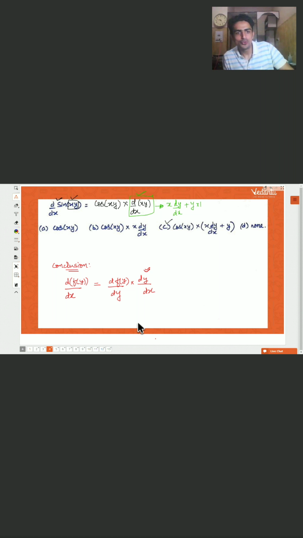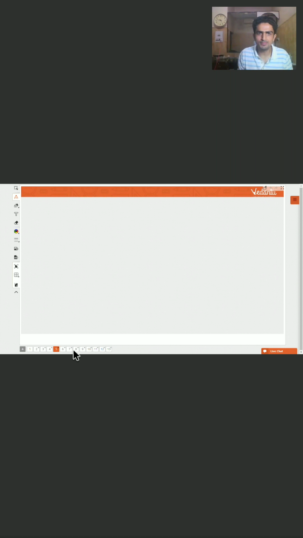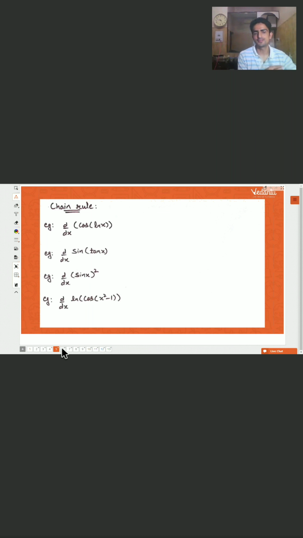Okay, so let us see another phase of chain rule, kind of similar, but another phase, like this. Those who have done chain rule might be very comfortable with this phase. cos of ln of x, sine of tan of x, sine x whole square, ln of cos of x square minus 1.